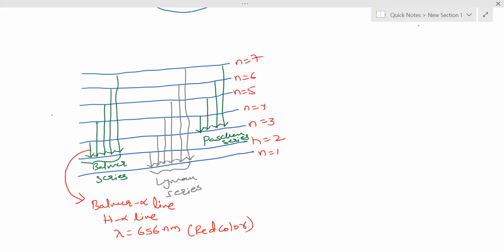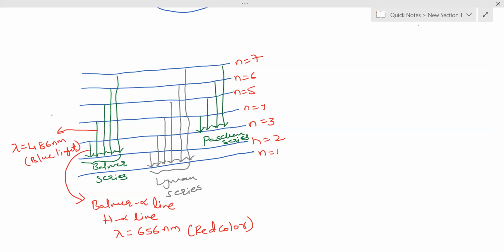Whereas in this transition, we can see that when the electron moves from n equal to 4 to n equal to 2, there will be more energy released. When the energy is more, the wavelength will be less, and that is called the Balmer beta line or H beta line with wavelength lambda equal to 486 nanometer, and this is blue light or blue photons.